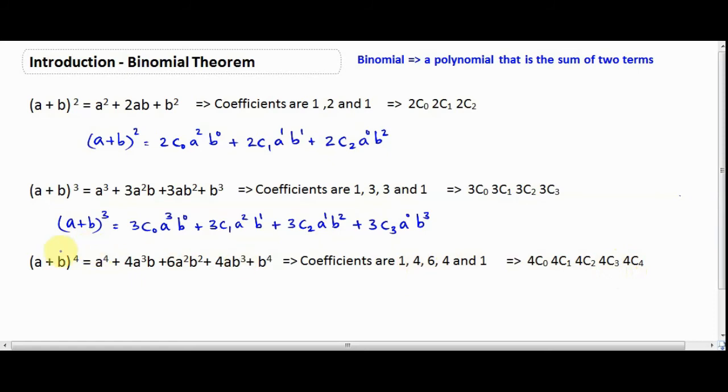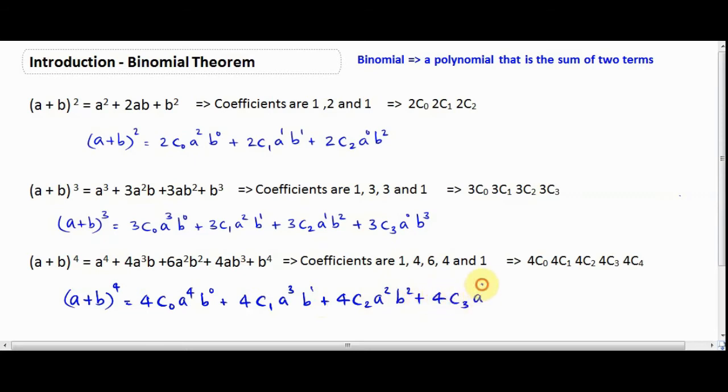So let's rewrite this expression in terms of combination values. A plus b whole raised to 4 is equal to 4c0 a raised to 4 b raised to 0 plus 4c1 a raised to 3 b raised to 1 plus 4c2 a raised to 2 b raised to 2 plus 4c3 a raised to 1 b raised to 3 plus 4c4 a raised to 0 b raised to 4.